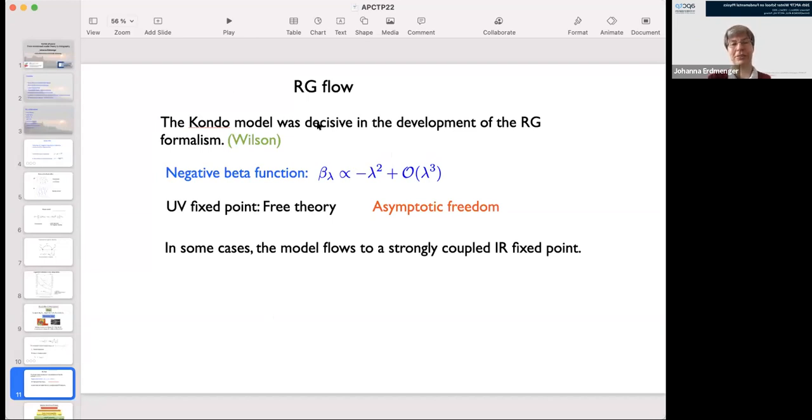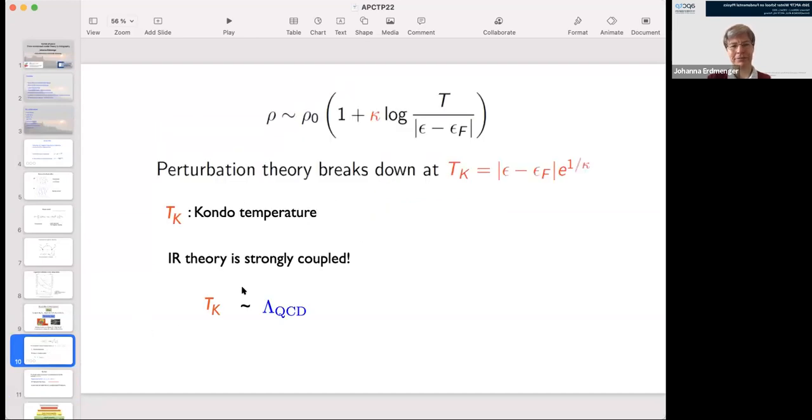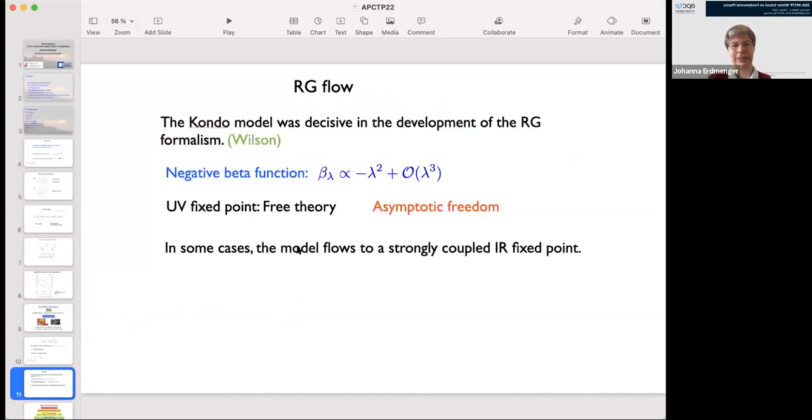The Kondo model was really decisive in the development of the RG formalism, and this analogy with QCD, which I mentioned here, goes even further, because now if you calculate the beta function for this coupling, the Kondo coupling, then you see that it's actually negative. Essentially this lambda is the same as the kappa on the previous slide. I'm sorry for the confusing notation. And this shows even further.